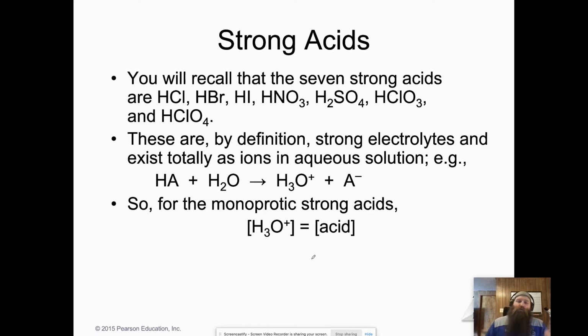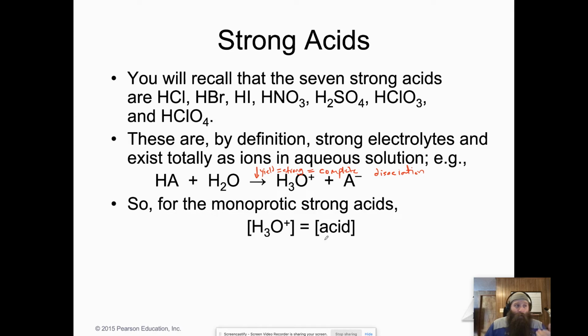Now, if you are a strong acid, by definition, you're a strong electrolyte, okay? And that means that when we put you into water, you completely dissociate. You'll see the yield arrow, all right? You use a yield arrow for strong, because you have complete dissociation.